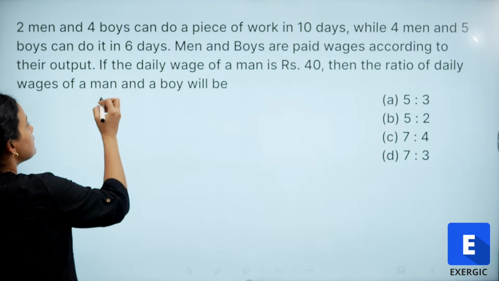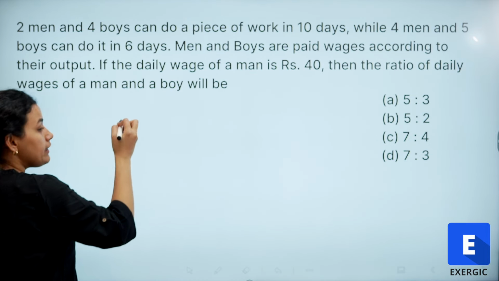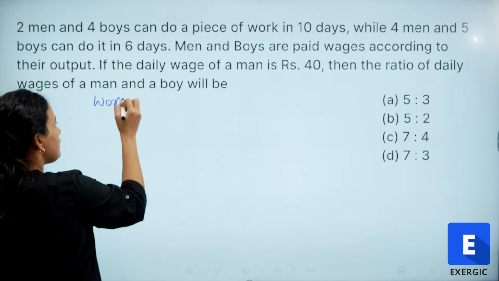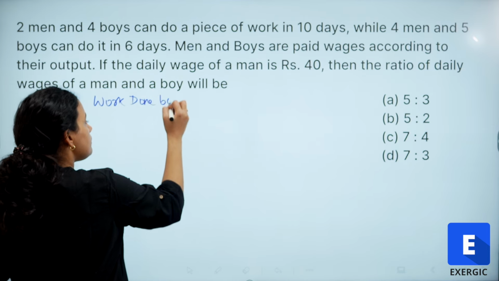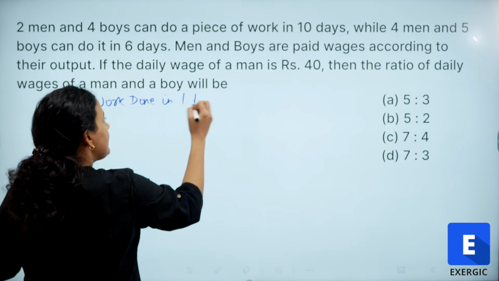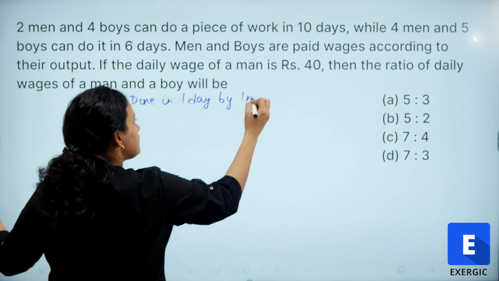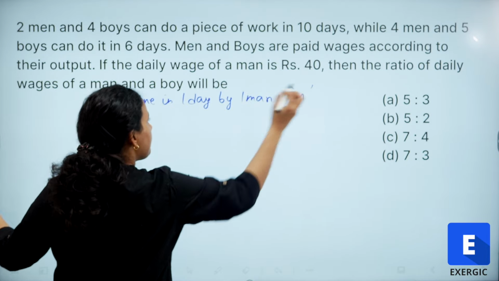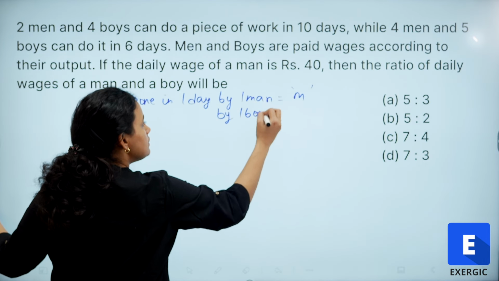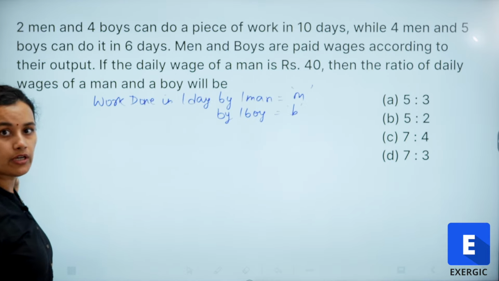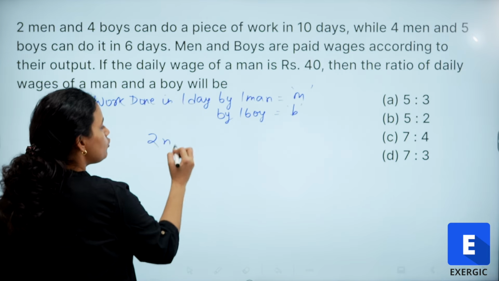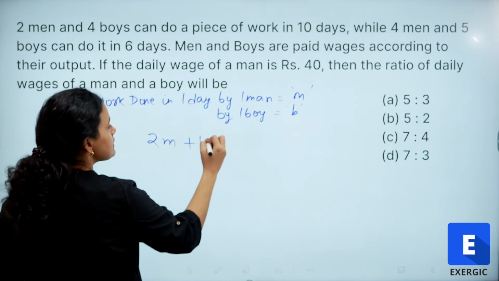So suppose I take the work done in 1 day by 1 man to be M, and the work done in 1 day by 1 boy to be B. Okay, so I have 2 men and 4 boys. So the work done in 1 day by 2 men is 2M and by 4 boys is 4B.